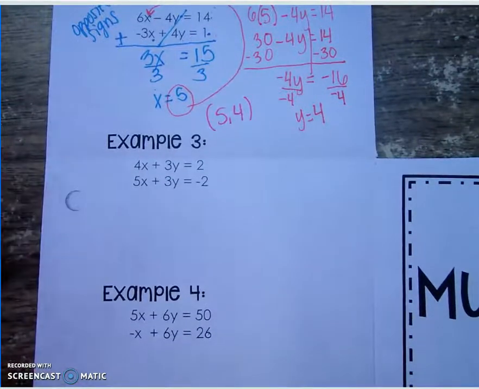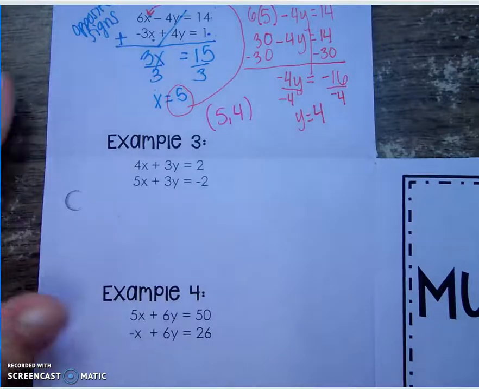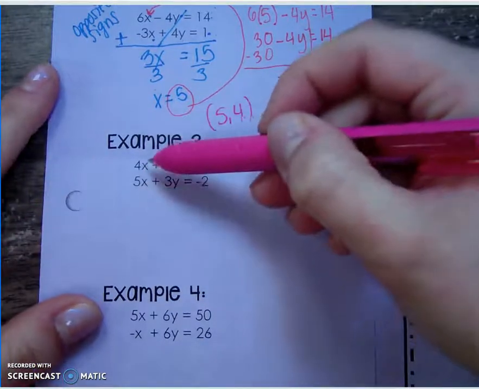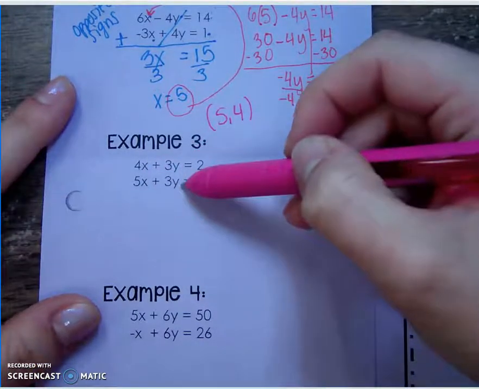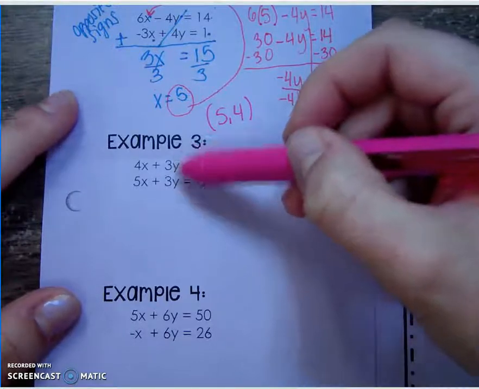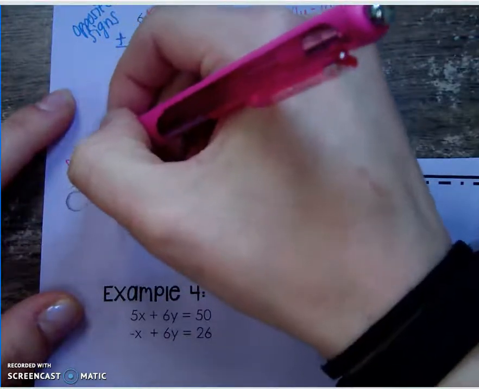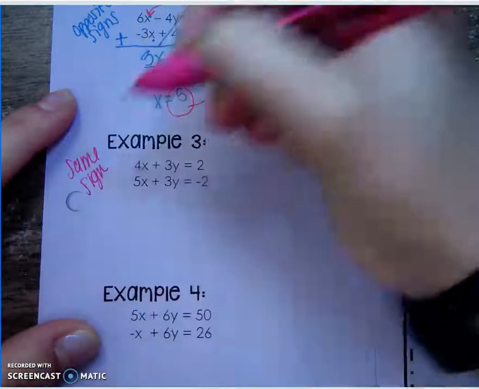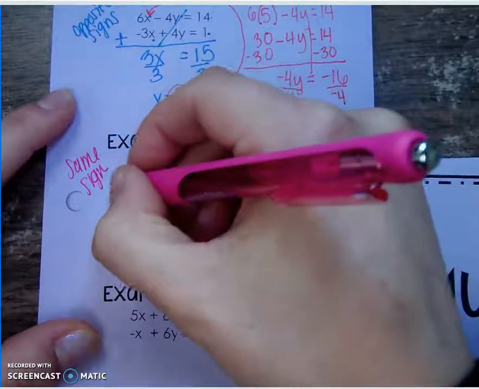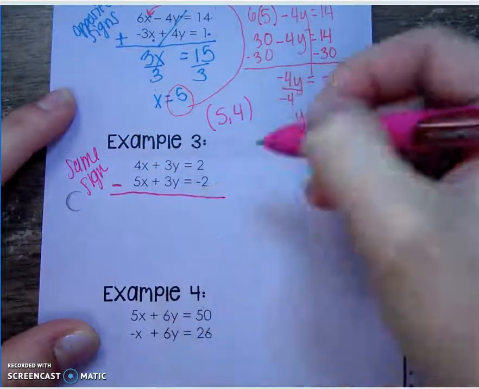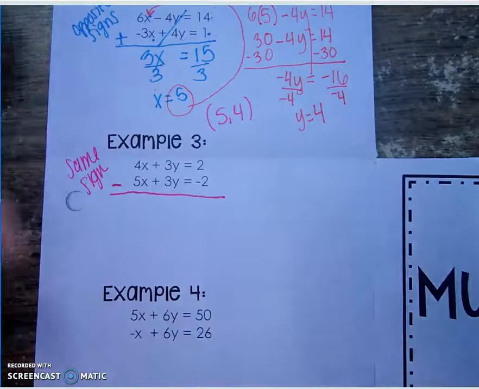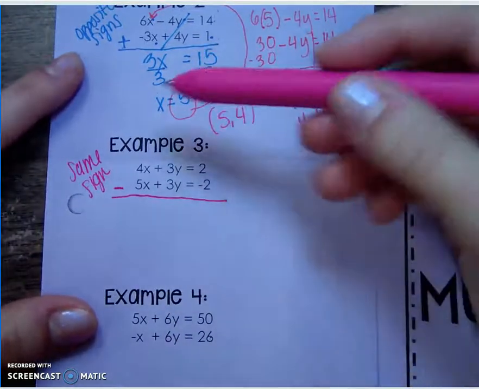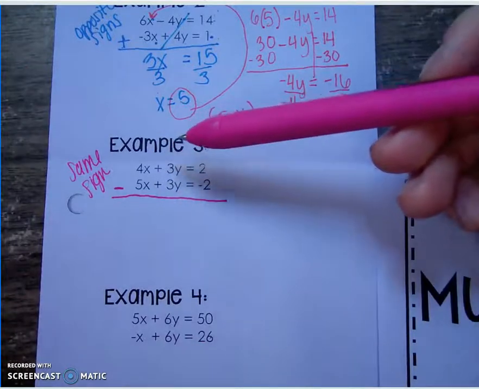All right, moving on. Now I'm looking to see which variable I can cancel out. The x's don't have the same coefficient, but the y's do. Now I have the same sign, so I'm going to subtract. When you subtract, you're going to do just like we normally do with subtraction.